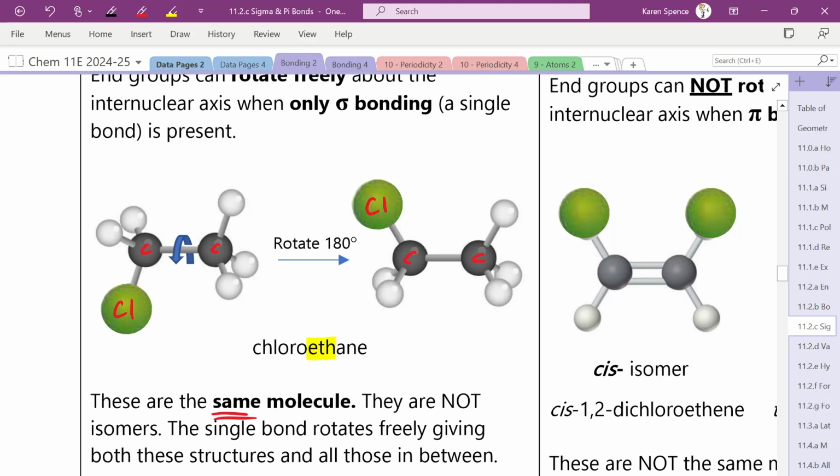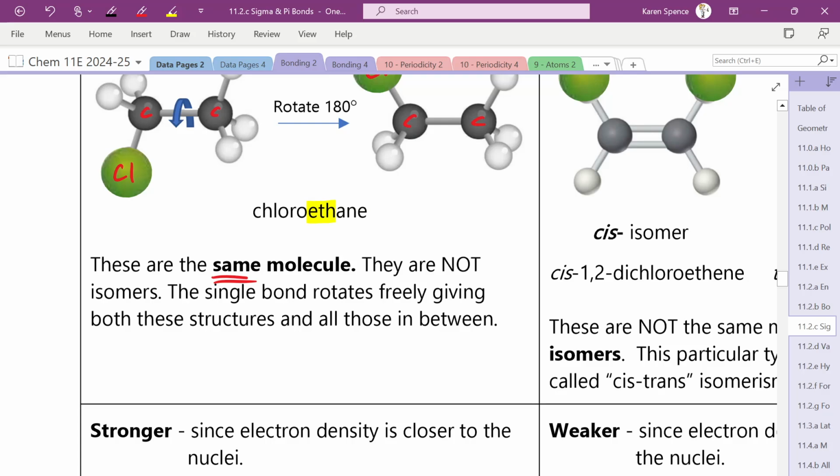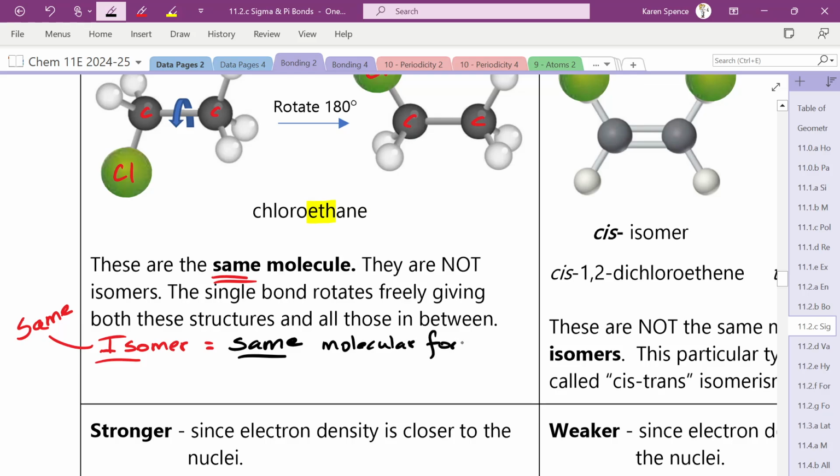They have the same molecular formula, but different structural formulas.